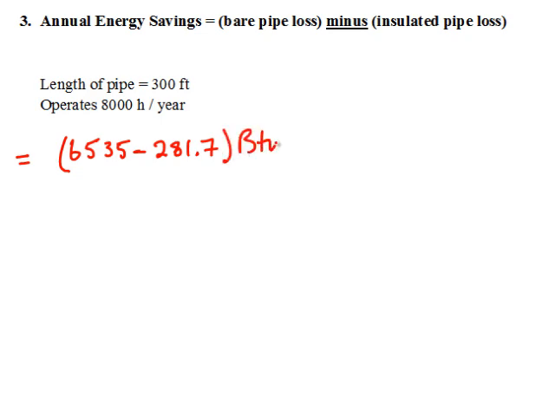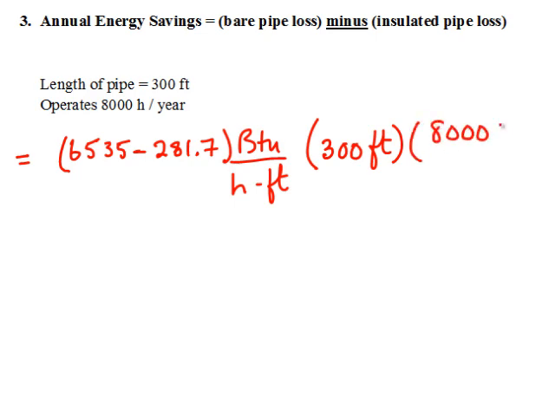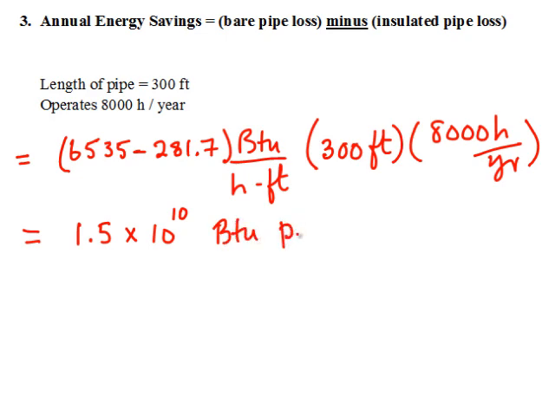BTUs per unit length per unit time, which is per hour per foot of pipe, times the total length of the pipe, which is 300 feet, times the total amount of time that it operates per year, which is 8,000 hours. And this figure comes to 1.5 times 10 to the 10 BTUs per year.